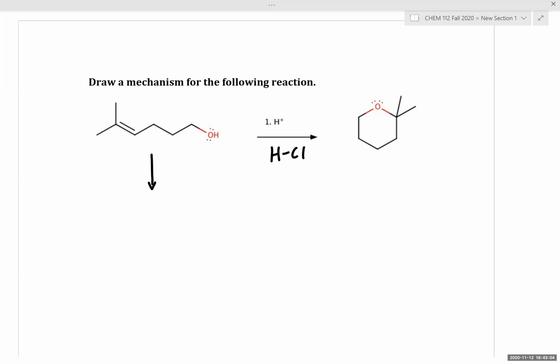Would someone like to draw out that protonation step using the arrow pushing tool?